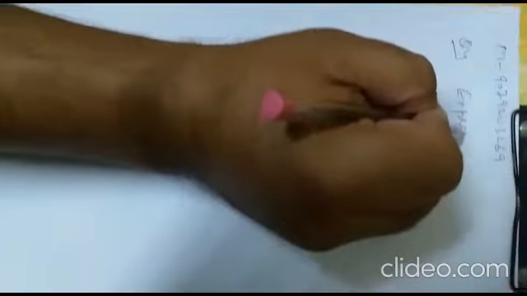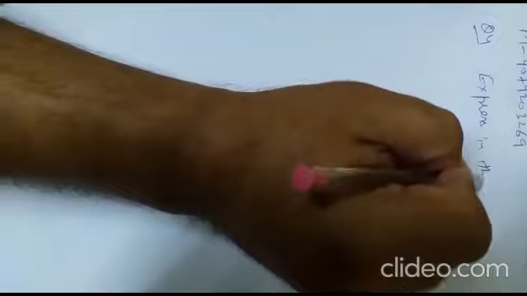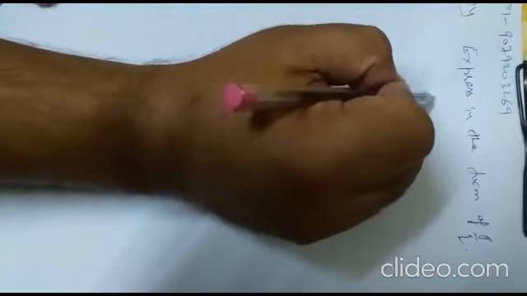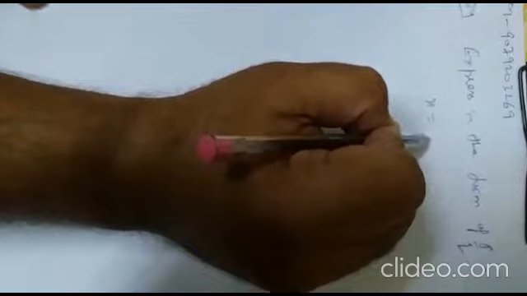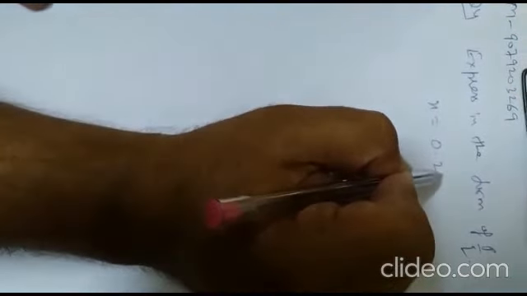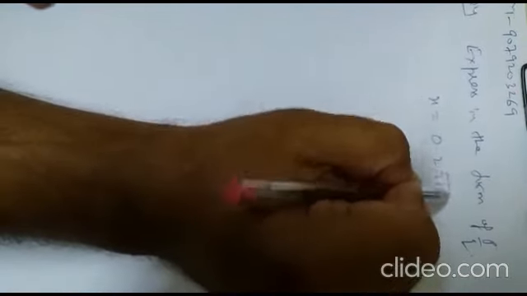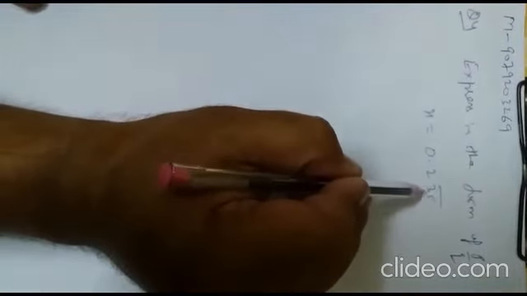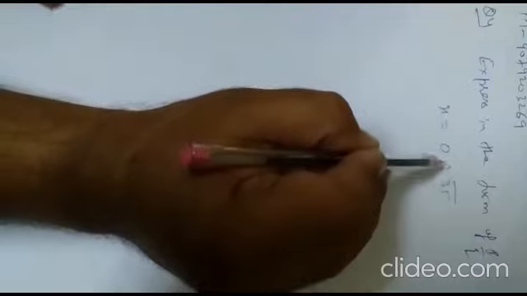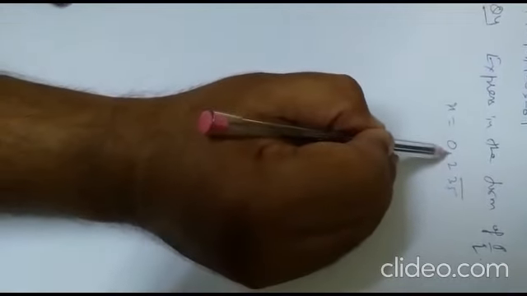Express in the form of p upon q. The question is x is equal to 0.35 bar. Now what we see is that here 2 digits in the bar and the decimal is in front of 2.